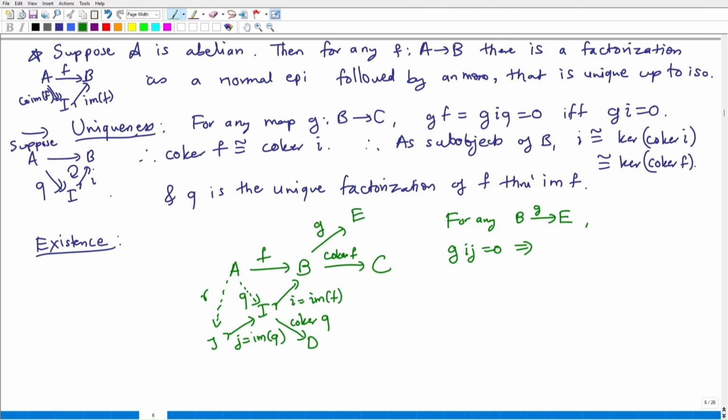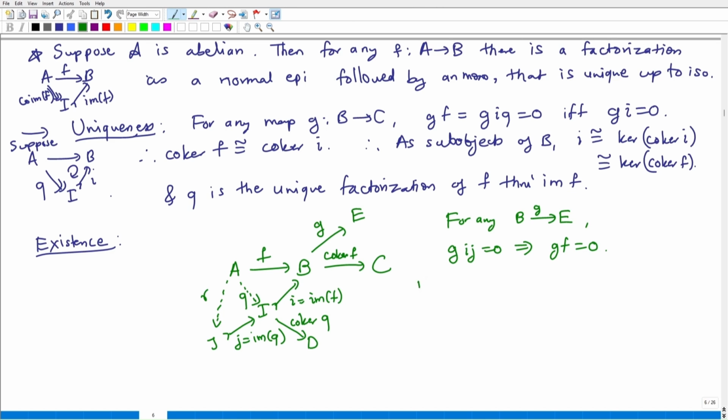What does it imply? This triangle commutes, this triangle commutes, so therefore GIJR is equal to 0. If GIJ is equal to 0, GIJR is equal to 0, which means GIQ is equal to 0, which means GF is equal to 0.